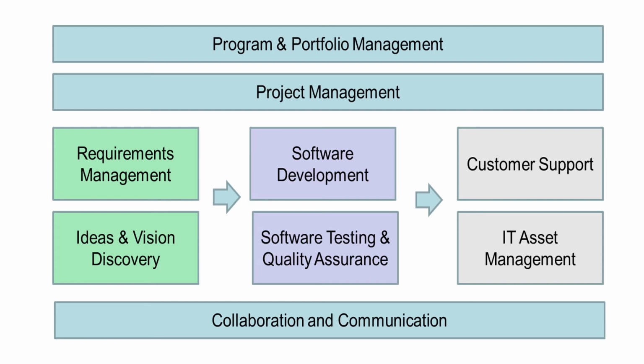Then again improve it, optimize the application, then again test it, make sure the quality is there. After assuring the quality, deploy it. So that's how the project management and the program and portfolio management works.